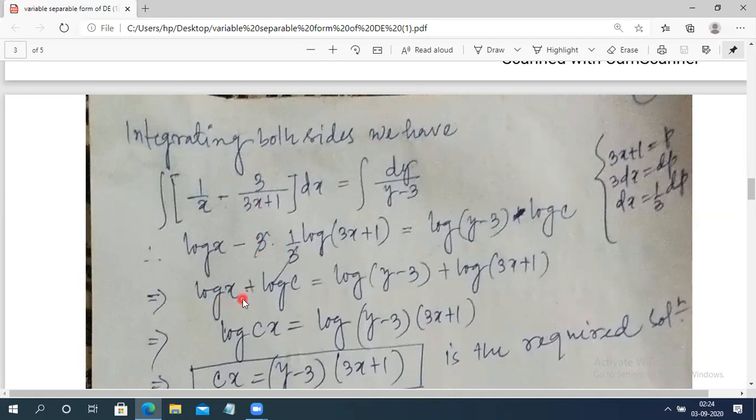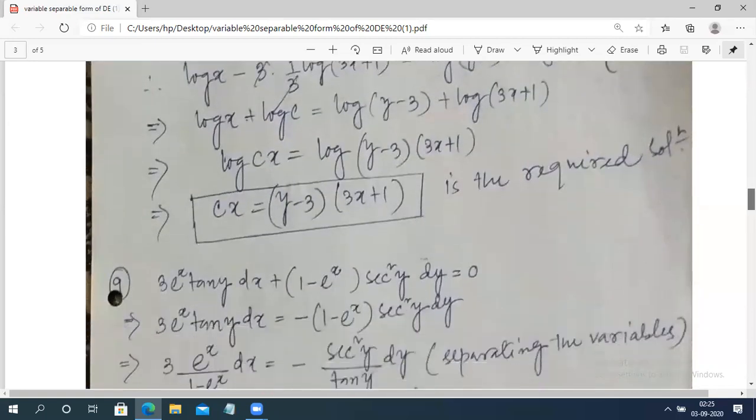It will give log x plus log c is equal to log of y minus 3, and if we take this term in the right hand side, it will give positive sign log of 3x plus 1. Now this can be multiplied, log of (y minus 3)(3x plus 1), and this will give log of cx by the property of logarithm. Now we can write this as cx is equal to (y minus 3) into (3x plus 1).